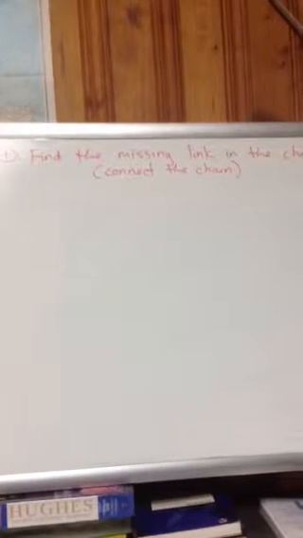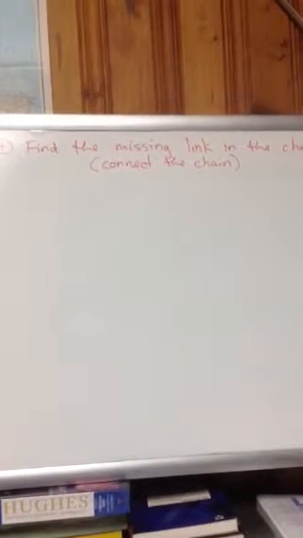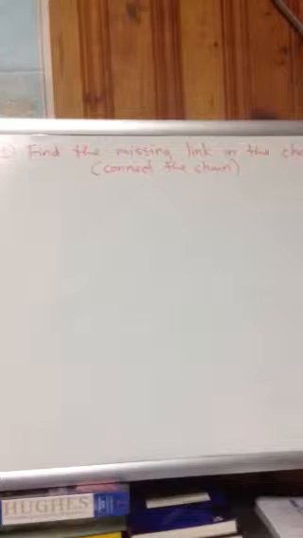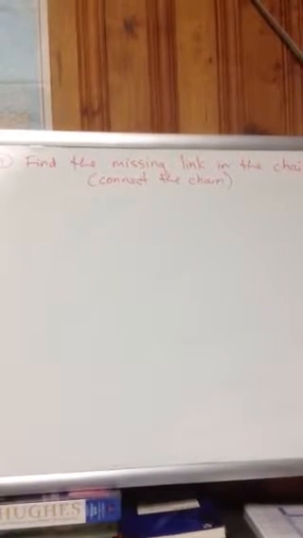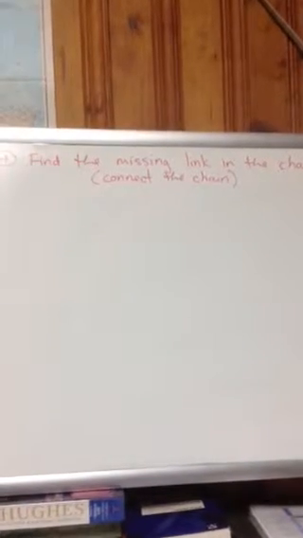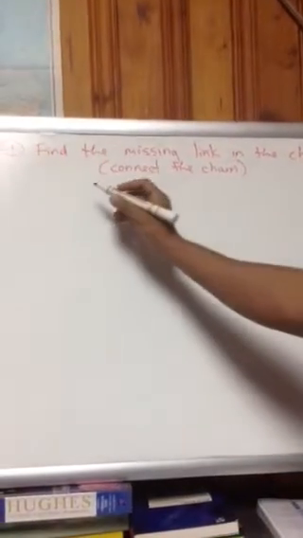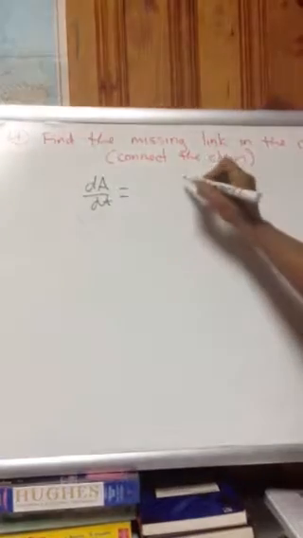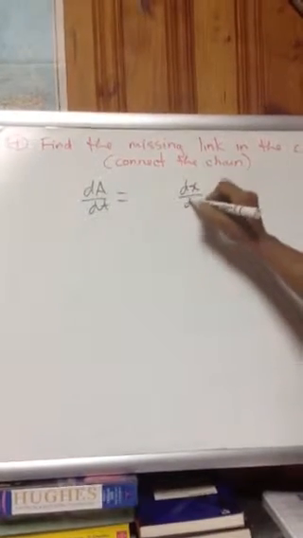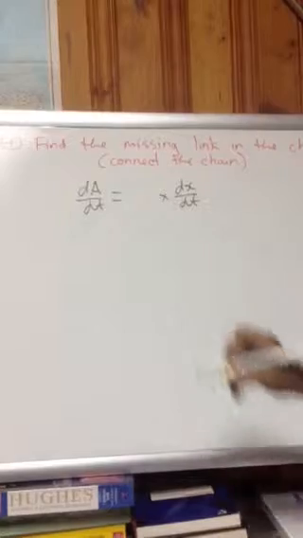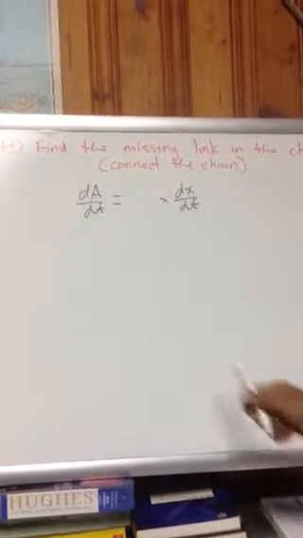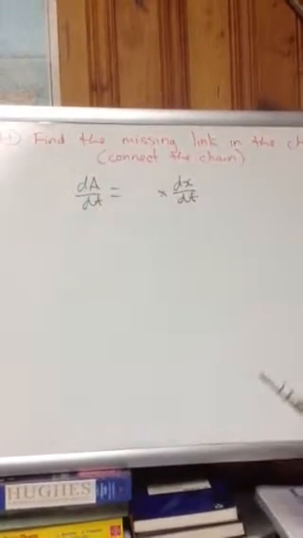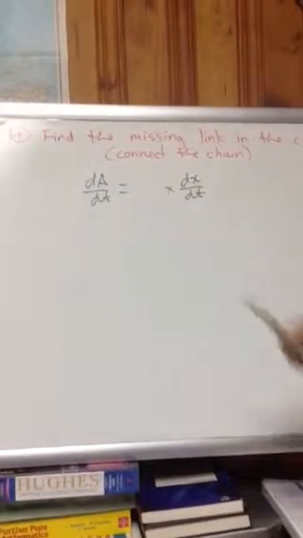Our 4th step is to find the missing link in the chain. So we are going to link dA/dt, which is what we are trying to find, with dx/dt. We want to find dA/dt. Once again, we have dx/dt.